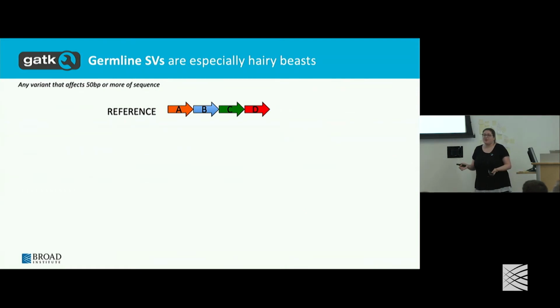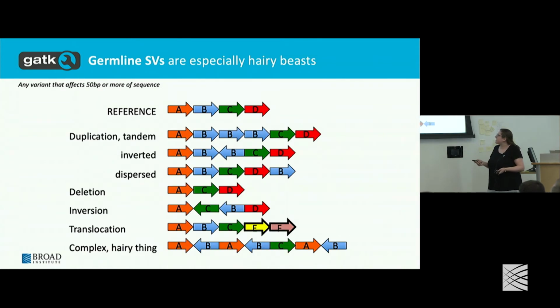Finally, possibly the most difficult kind of variant to call are structural variants. Here in this cartoon example, we have a reference with 4 different pieces of DNA, and we can have all different kinds of structural variants arising at this location.